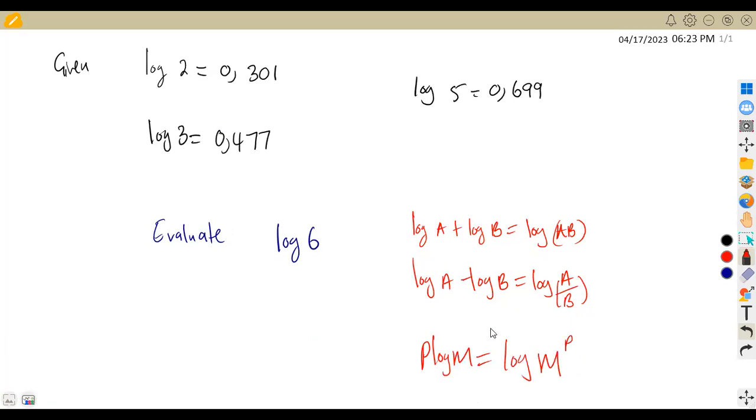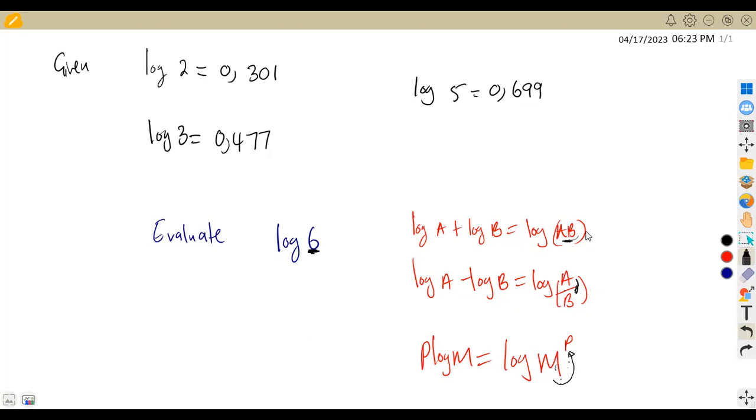So what you are going to do is ask yourself, how can I separate this single log, a single number 6, into 2 numbers, either by multiplication, by division, or by raising it to a certain power.